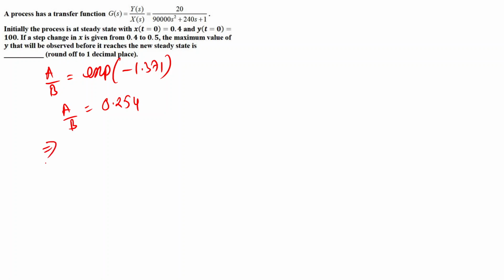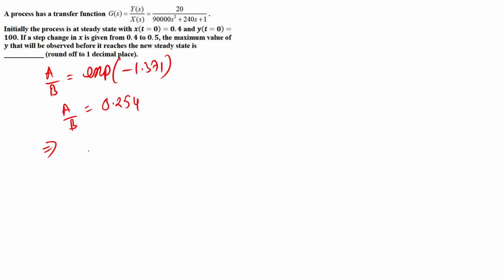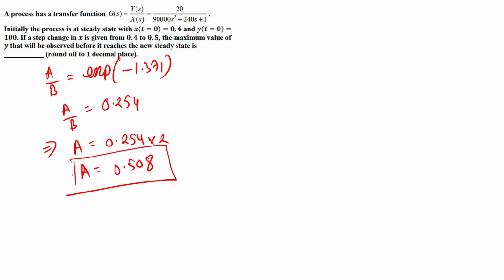And from the earlier slide, from the final value theorem, we calculated the value of B as 2, that we can replace over here. 0.254 into 2. So we will be getting the value of A as 0.508. So we have the value of A as 0.508.